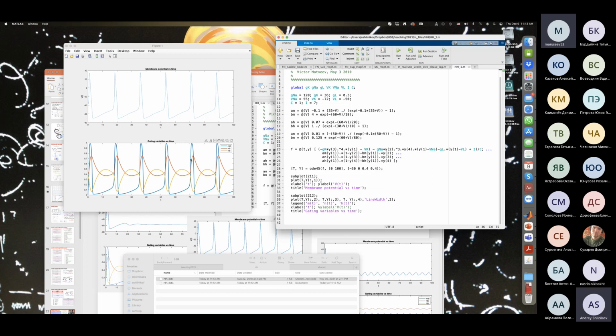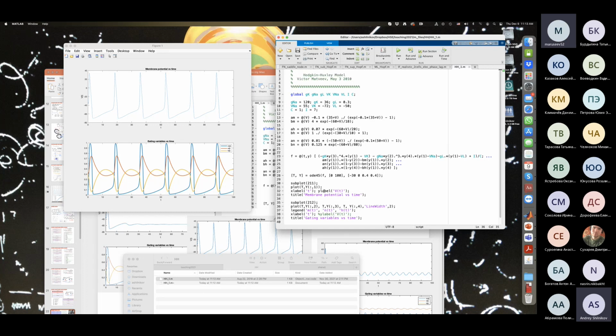Now you can see I changed the line width of this plot, and the first one is right here. So you can better see what's going on. Oops, it's unhappy because I have two commas. Run it again, and now you can see the spikes better.